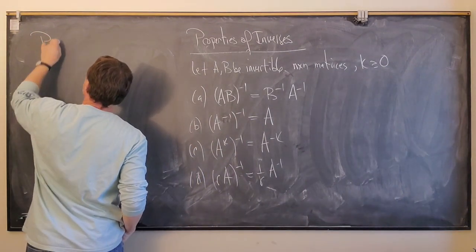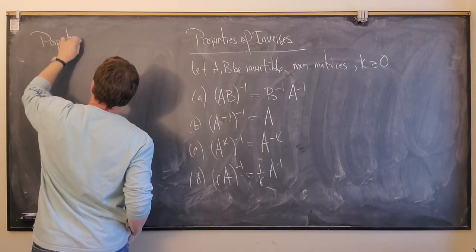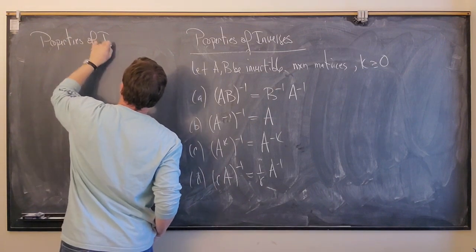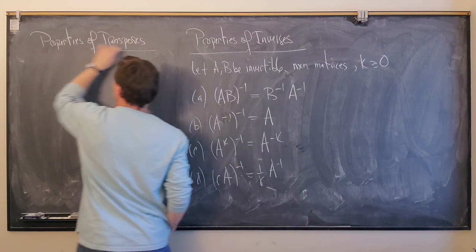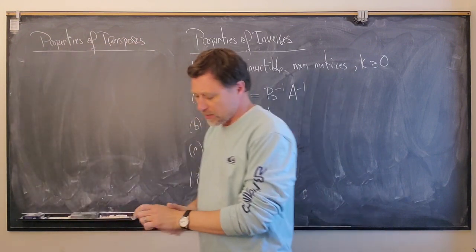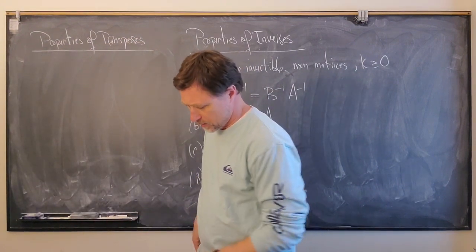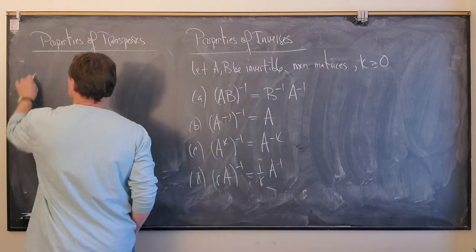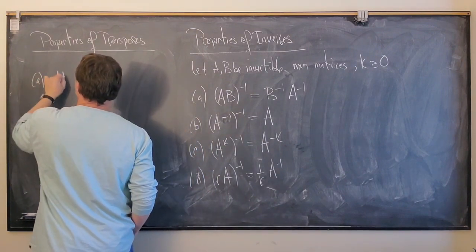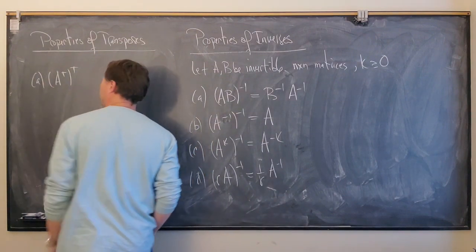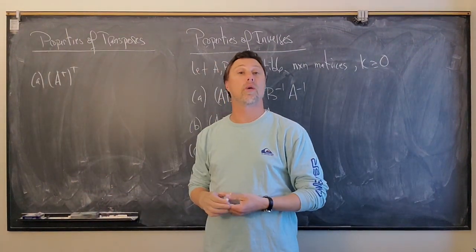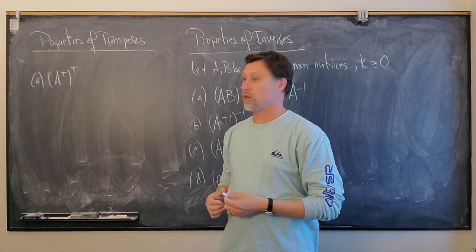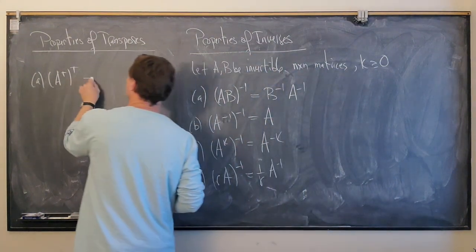Properties of transposes. We're going to come back, and transposes will show up later on in this class, so let's put this together. I think this is pretty obvious. Remember, transpose means flip the matrix, or flip the roles of row and column. So if you take the transpose of the transpose, guess what you get?